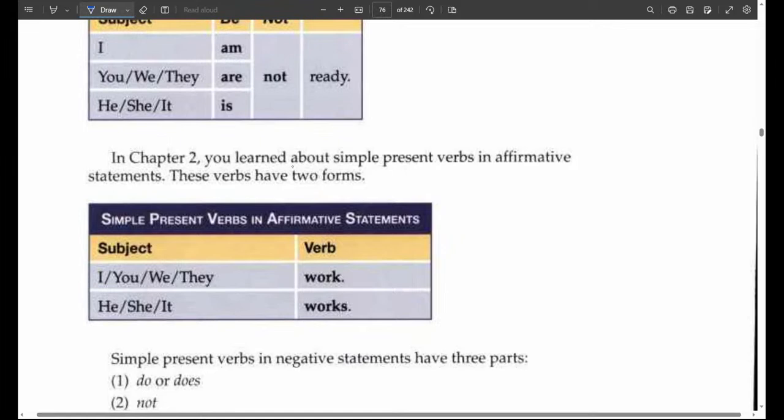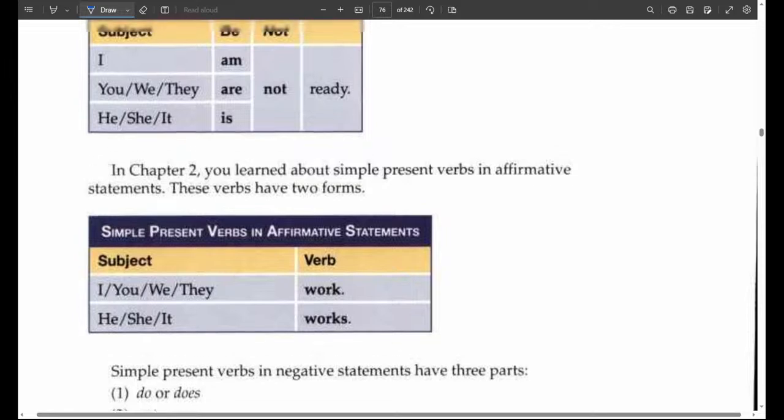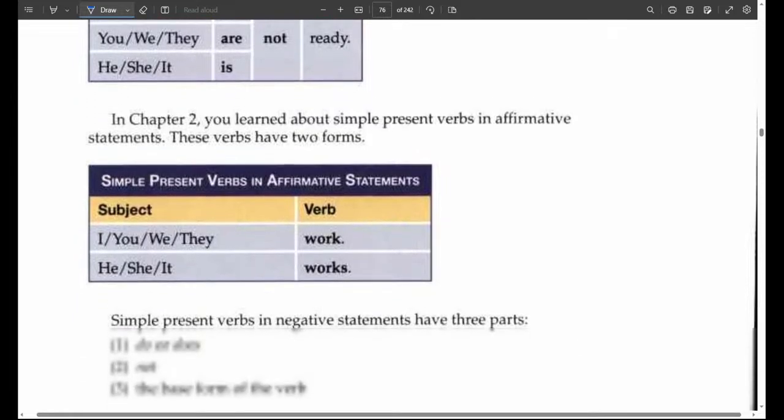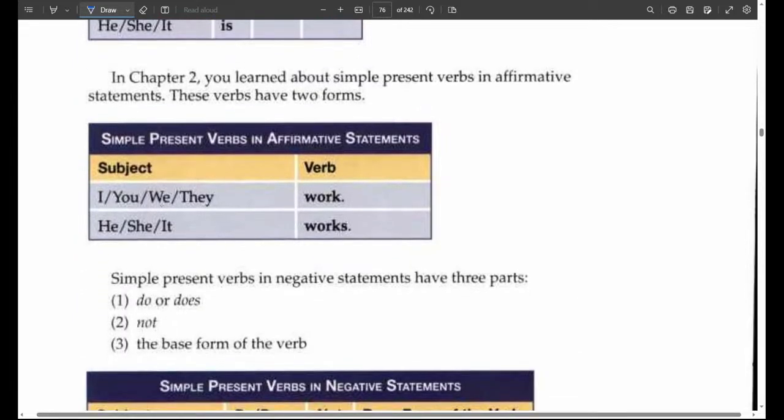In chapter 2 you learned about simple present verbs in affirmative sentences. These verbs have 2 forms. Simple present verbs in affirmative statements: I, you, we, they work.